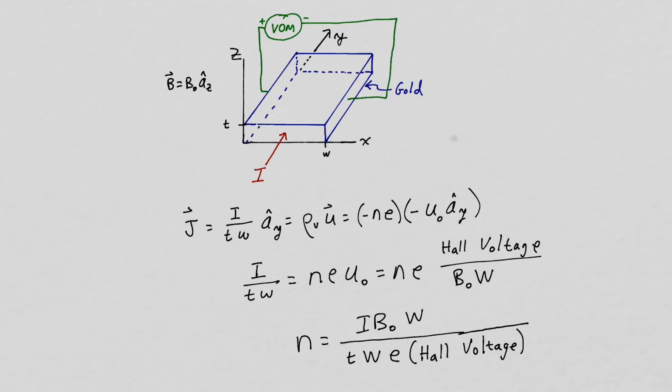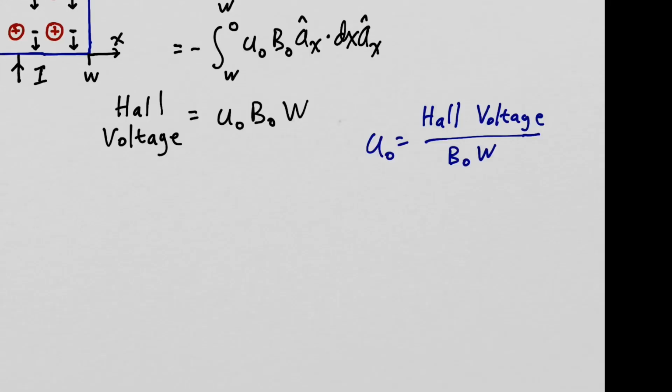We just saw that this velocity can be determined by the measured Hall voltage divided by the magnetic field intensity and the width of our sample. So then we can solve for our density of conduction electrons. This Hall effect is also a technique that is used often, especially in the semiconductor industry, to monitor density of conduction species.